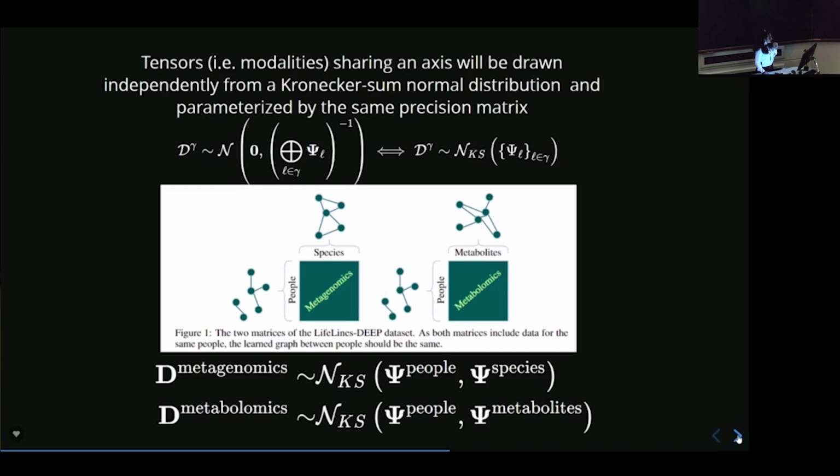But we have to pay attention to keeping the same precision matrix on the shared axis. That will create the dependencies between the tensors, and that will ensure that we are actually estimating the same graph on that shared axis.